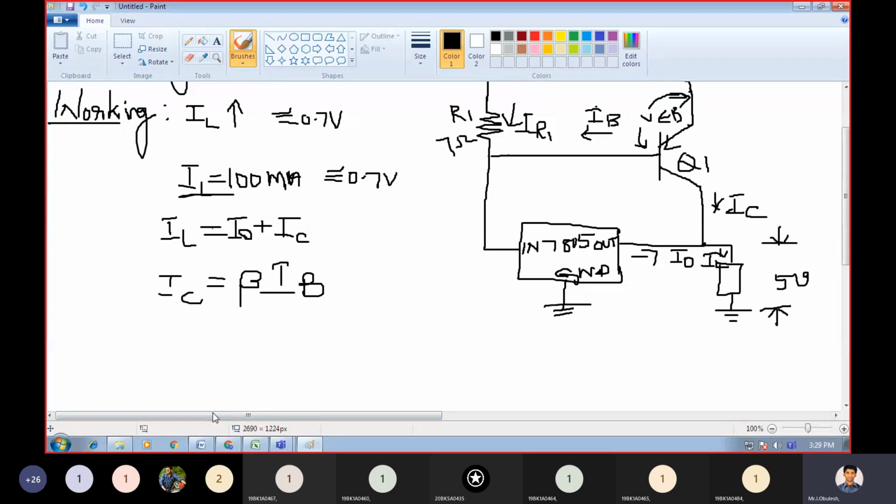For the regulator, this I0 value is equal to II minus IQ. That is, the output current is the input current minus the power transistor current IQ.